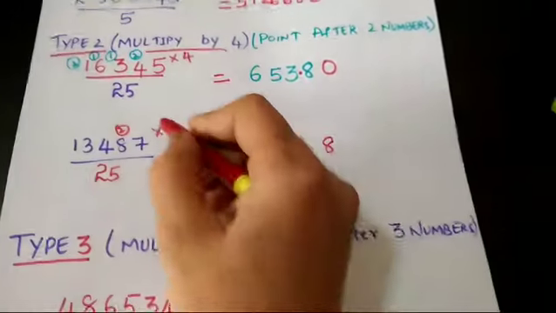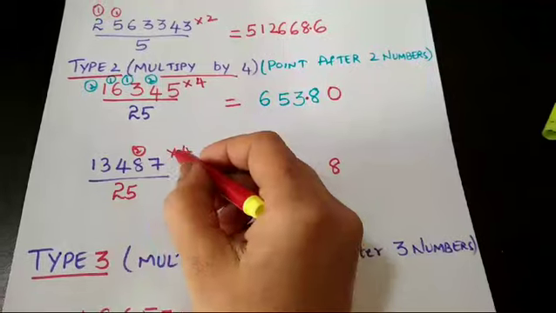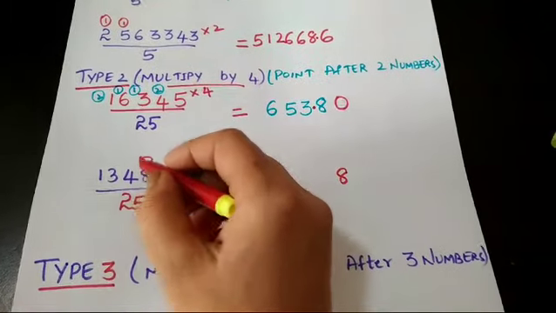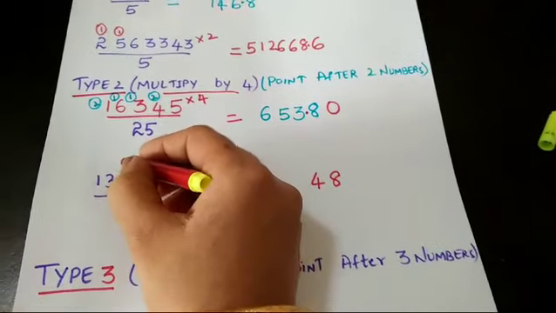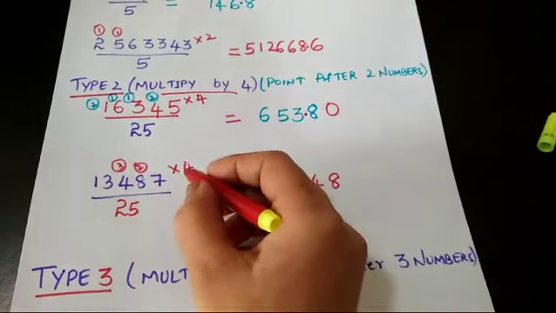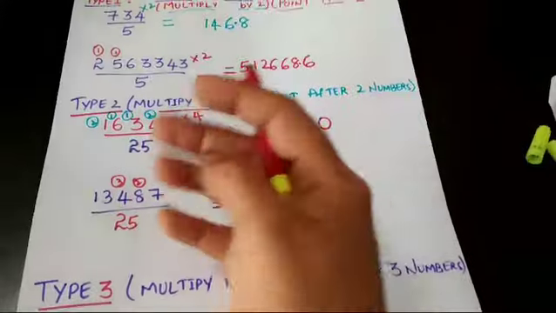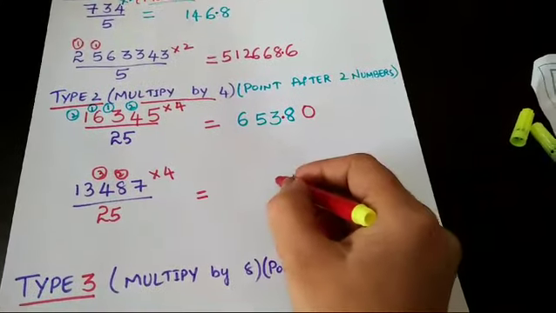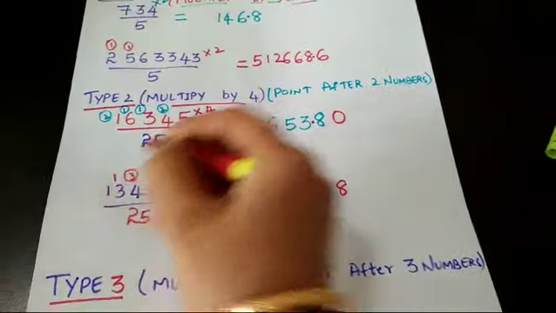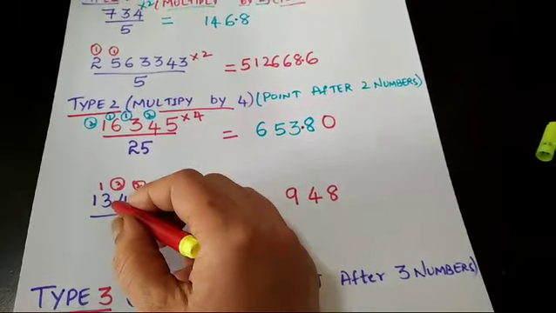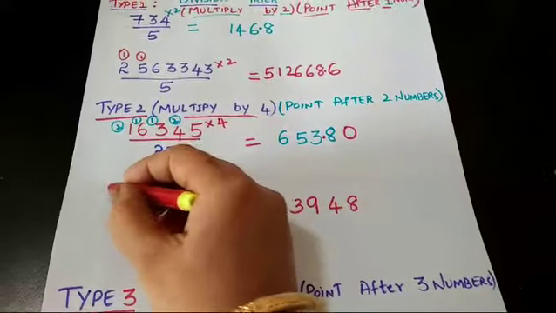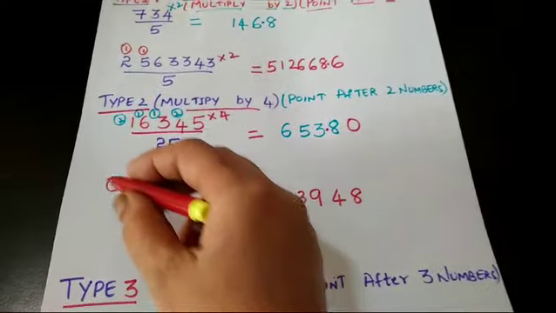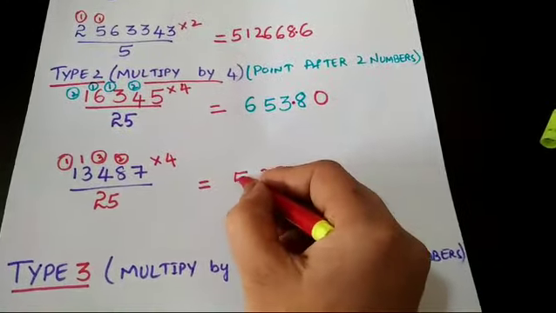Then next, 4 8s are 32, 33, 34. 4 I'll write here and 3 is the carry. 4 4s are 16, 17, 18 and 19. Now 4 3s are 12 plus 1 is 13. 4 1s are 4 plus 1 is 5.